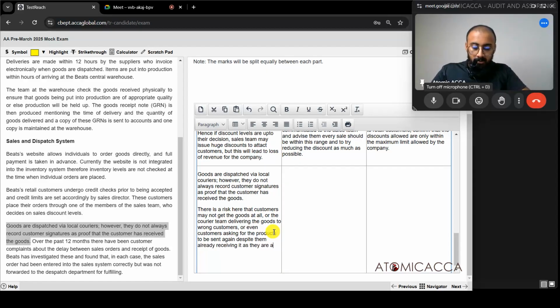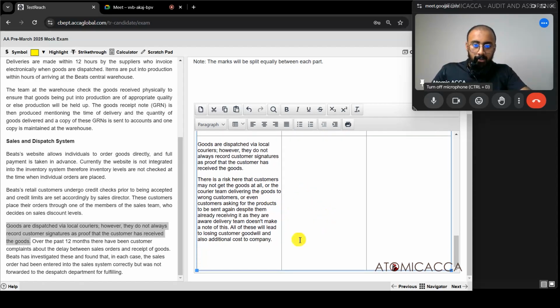As they are aware, the delivery team doesn't make a note of this. All of these will lead to losing customer goodwill and also additional cost to the company.